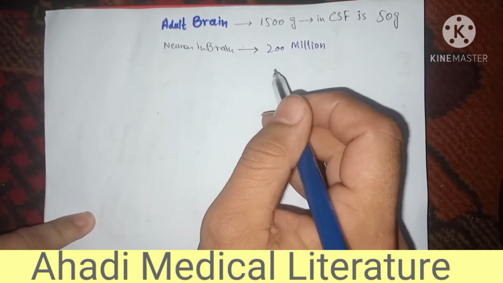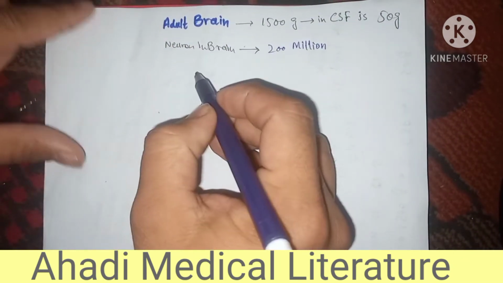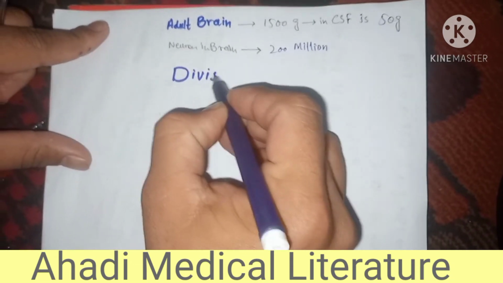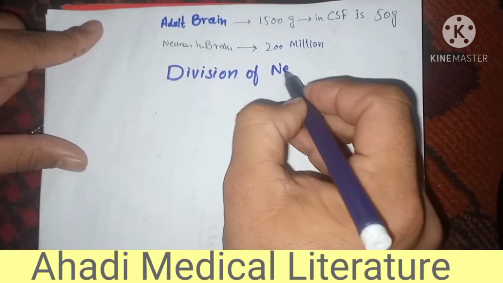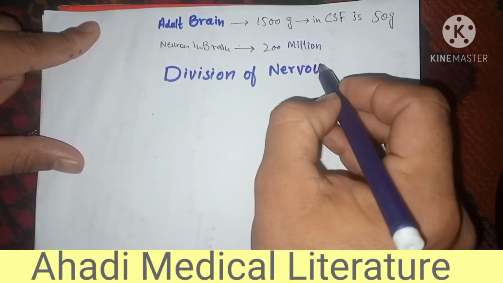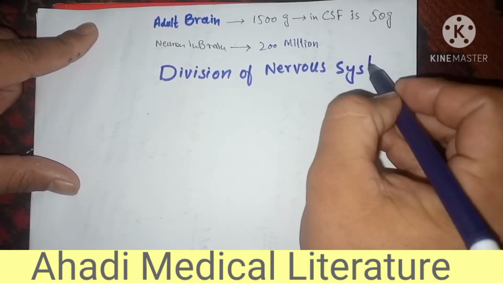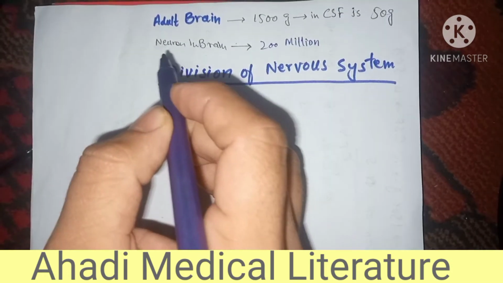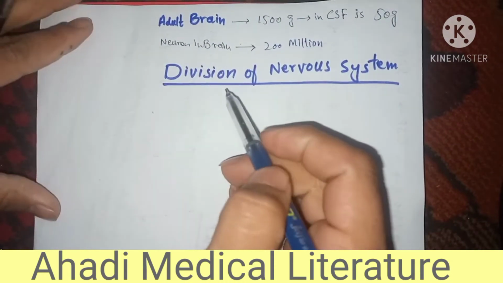Now the division of the nervous system. The nervous system is divided into two parts.